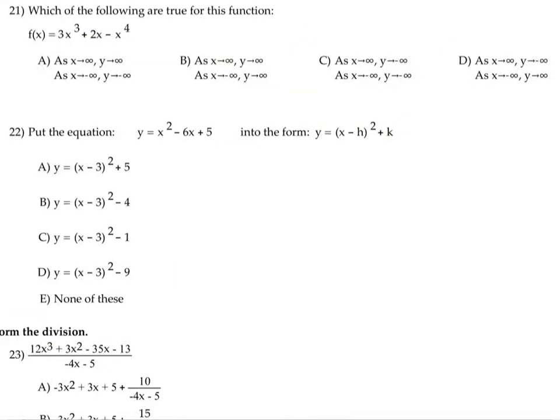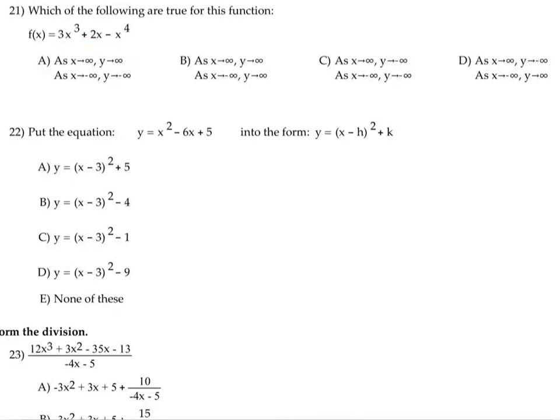All right, number 21. Which of the following are true for this function? We have f of x equals this function, and we're talking about as x goes to positive infinity and negative infinity, what does y do?